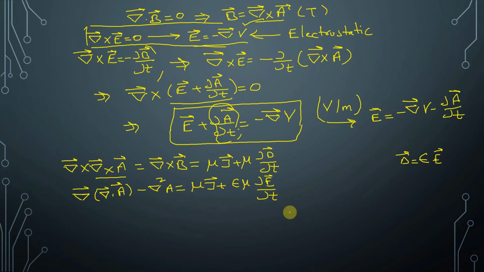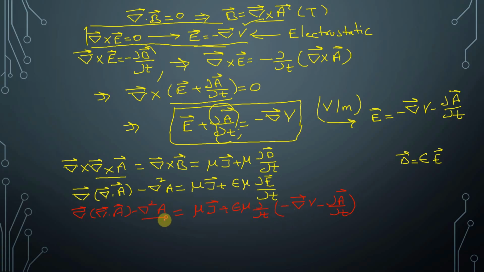So that will be equal to mu J plus epsilon mu curl by curl T of minus del V minus curl A upon curl T. This term will remain as it is, del dot A minus del square A. So rearrange it, open this bracket, cross multiply.